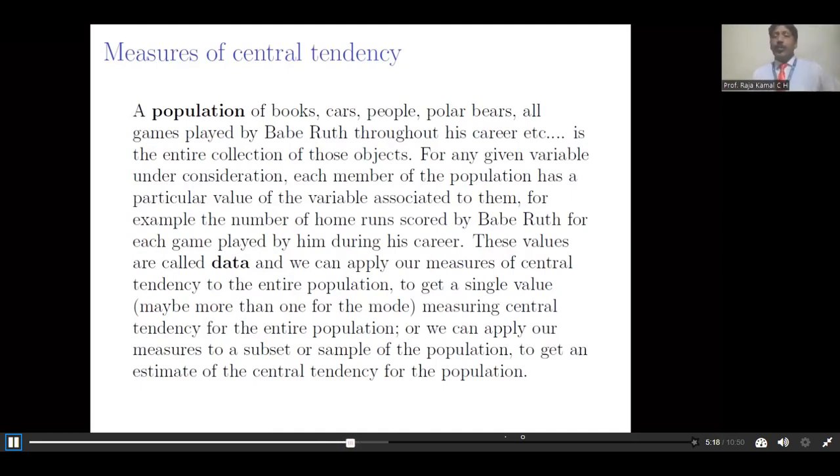To find out how many of them are regularly buying, the number came to 72,000. This 72,000, the total value of people who are regularly buying Bingo, is called the population.